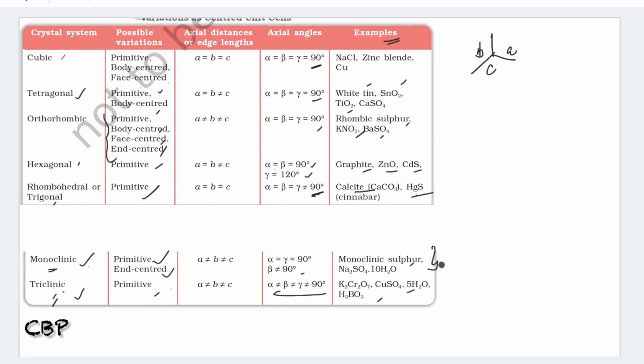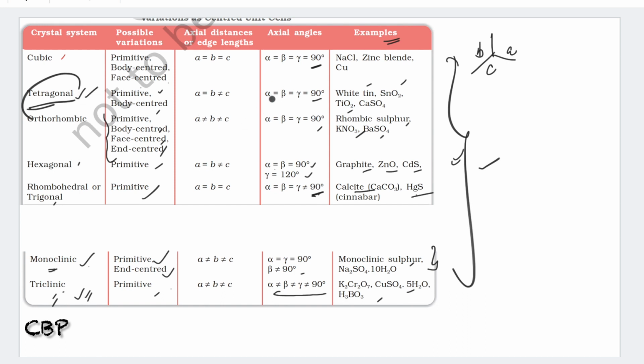These are the examples of triclinic type, and it is very important from the exam point of view also, because a 1 mark multiple choice question will be there in your exams. It will simply ask, in tetragonal form, what are the edge lengths or what are the angles between the edges.